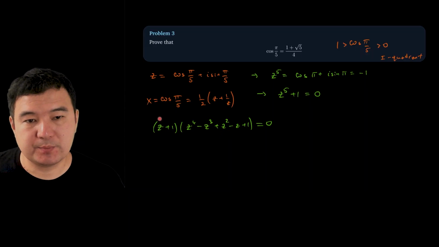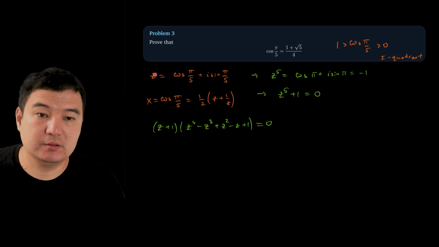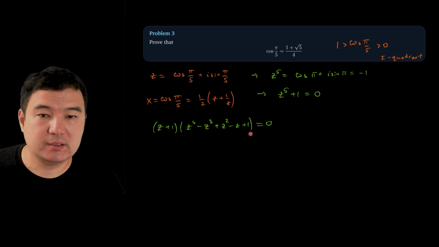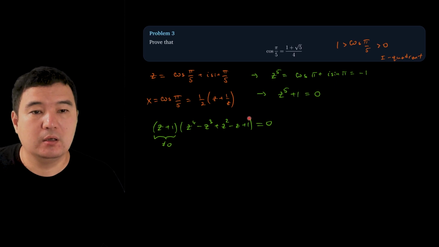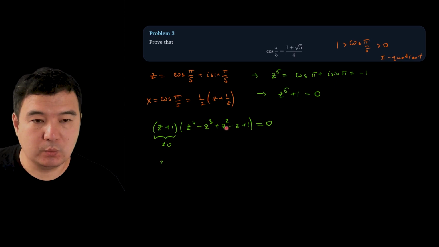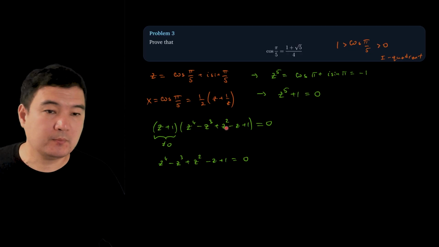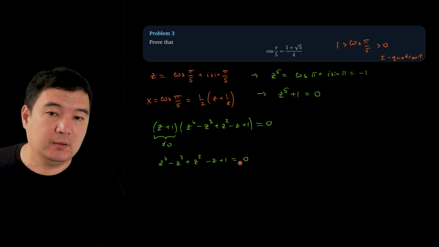So this is the factorization. Since the first part is not equal to 0, because z is not negative 1, we could look just at the second parenthesis, because the product of two numbers is 0, so one of them has to be 0. So what we want is to solve this equation.